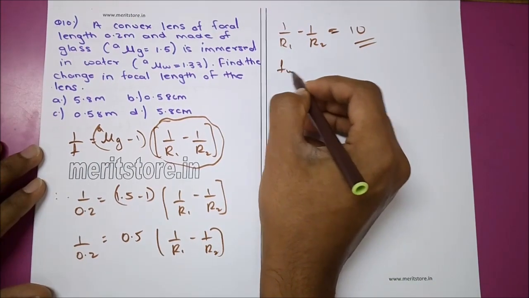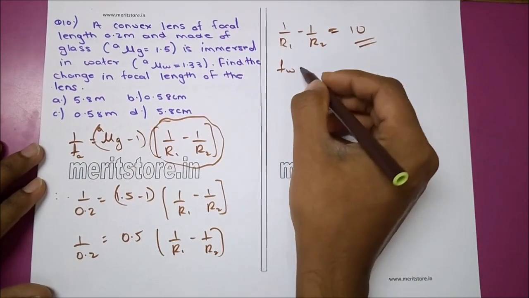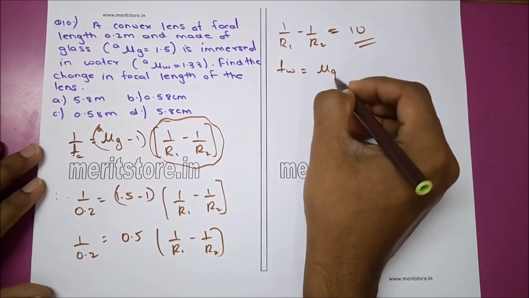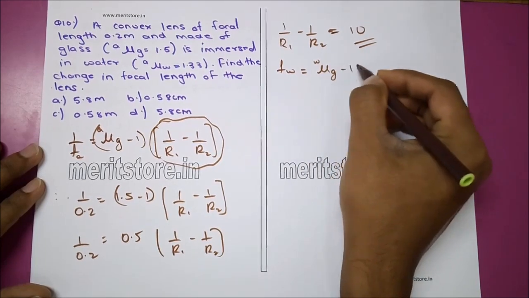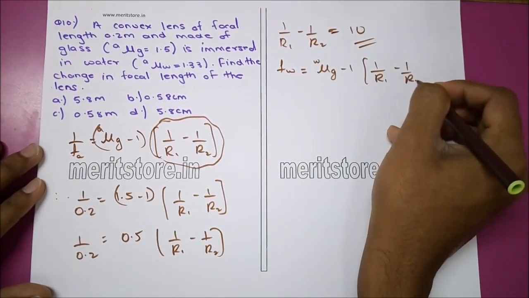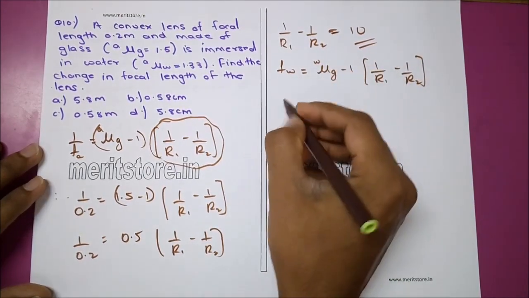Now let us consider the focal length in water. So this was the focal length in air. Now the focal length in water would be given by mu of glass with respect to water minus 1 into 1 upon R1 minus 1 upon R2. However, the value of mu of glass with respect to water is not given.